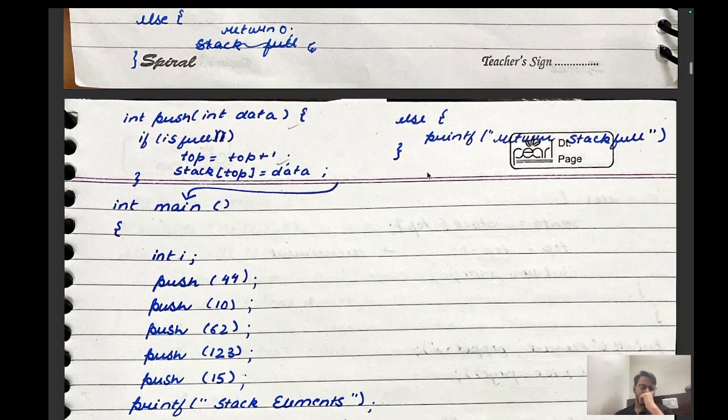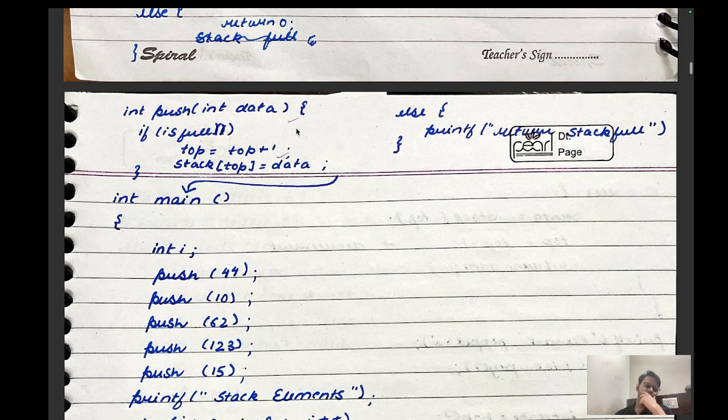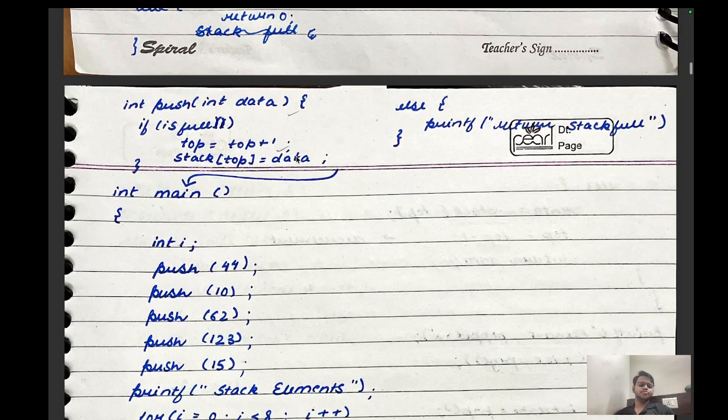So here we have one function, push, which is int push with a parameter int data. The parameter data is the value we are going to push into the stack.